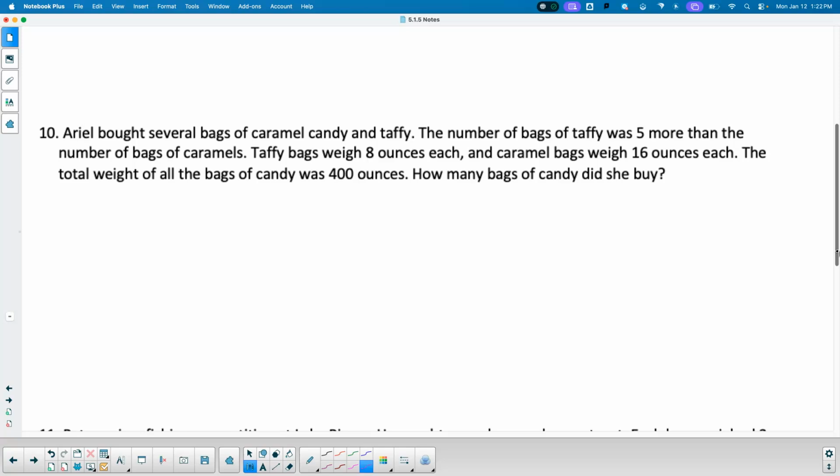How many kinds of candy did she buy? Caramel and taffy. So she bought 2 kinds, right? Okay. So we want to go with a variable for each one, right? C and T. Okay, that's fine. So C then is going to be the number of caramel bags, right?